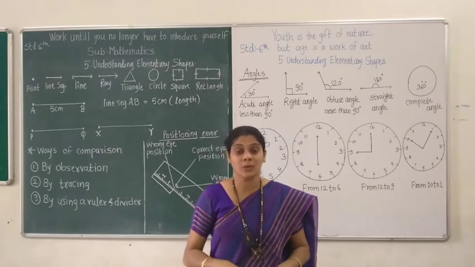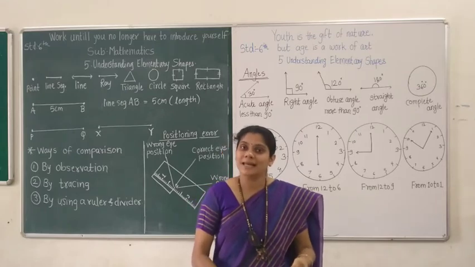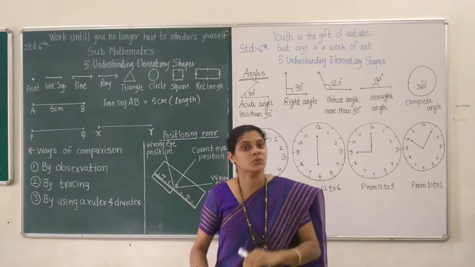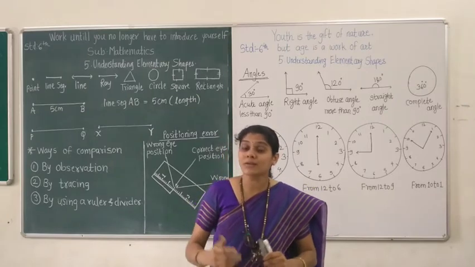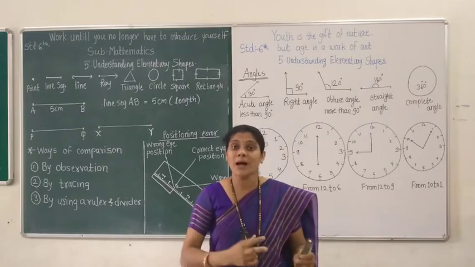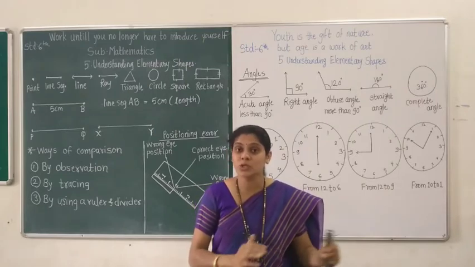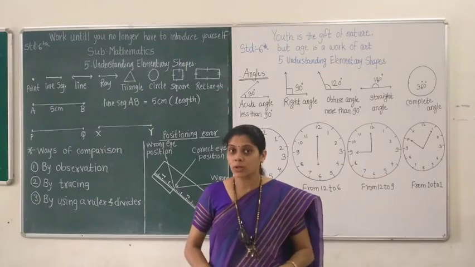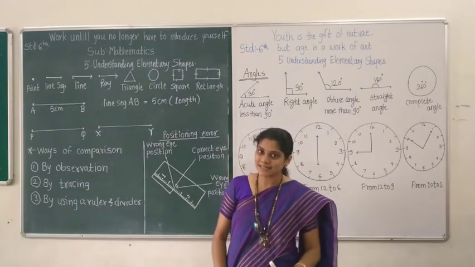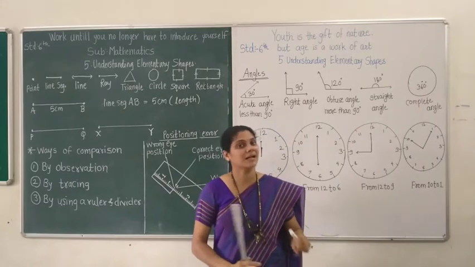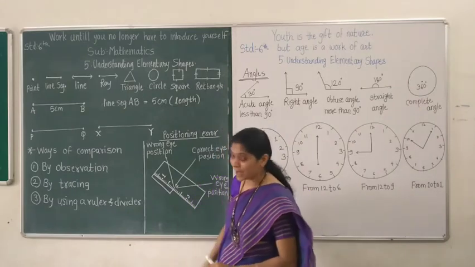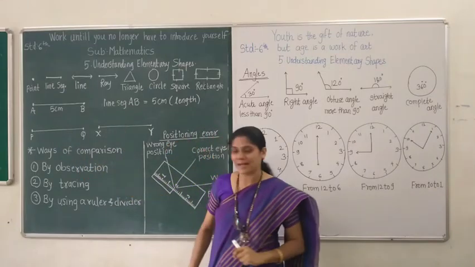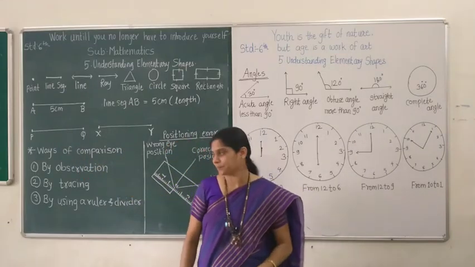By observation you can easily tell which one is shorter, taller, longer, thicker or thinner. So by observation we can say that line segment PQ and line segment XY are both the same.